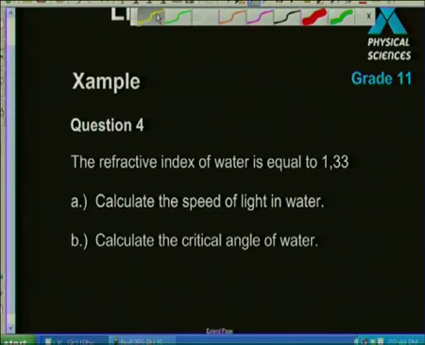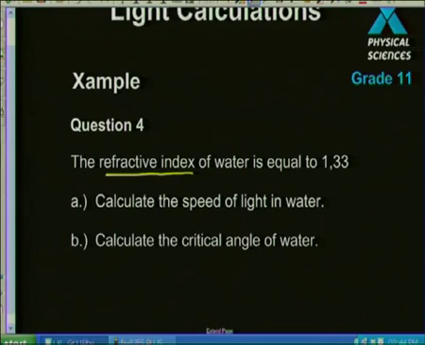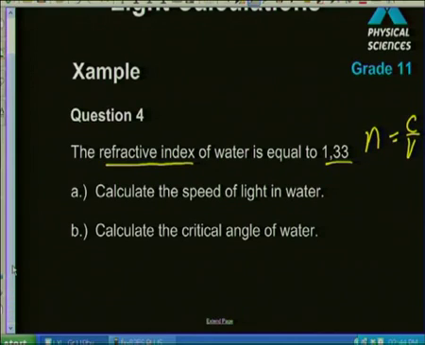And here it goes. It says the refractive index of water is equal to 1,3. Now remember what that means. Refractive index is the speed of light divided by the speed of the light in that material. And the first thing that we're asked to do is to calculate the speed of light in water. We're going to use that formula.